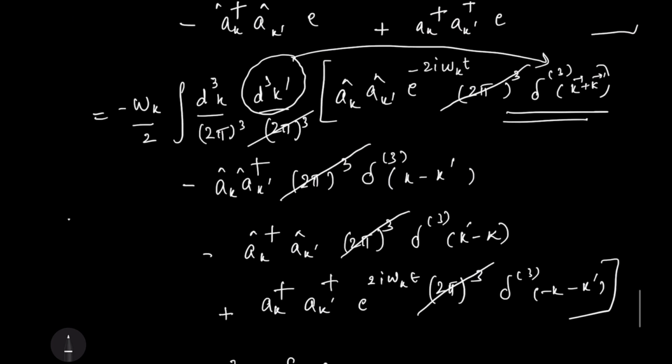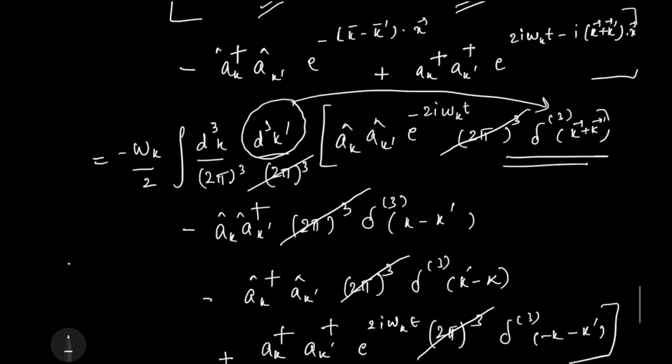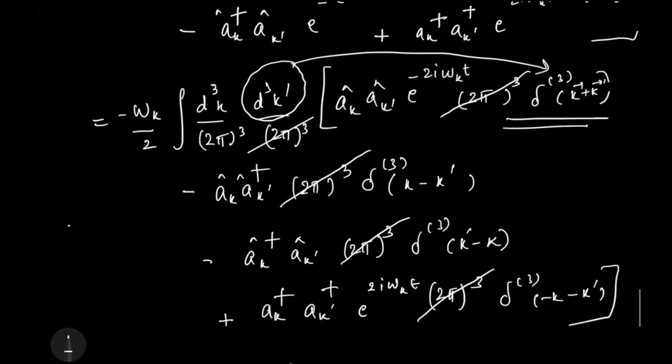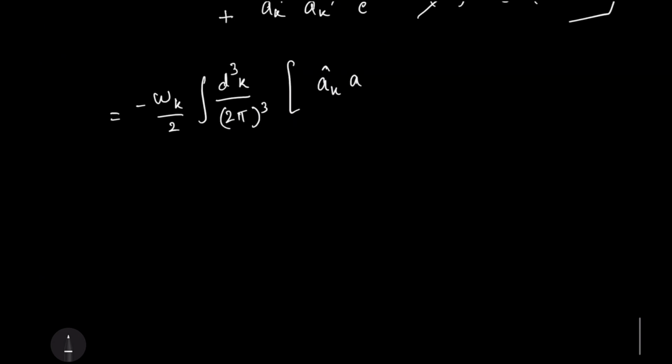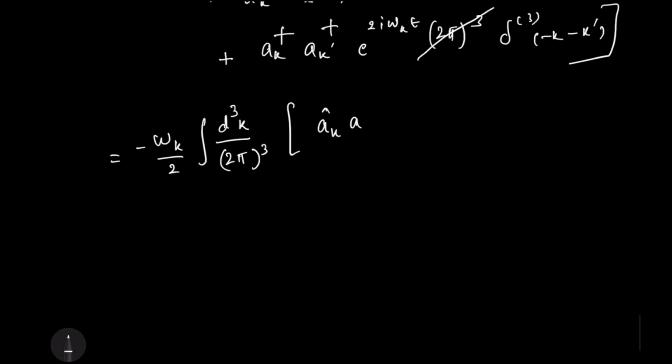What is the first one? Delta cube of k plus k prime. This will be 1 only if k is equal to minus k prime. So while I integrate, I have to take k prime equal to minus k.